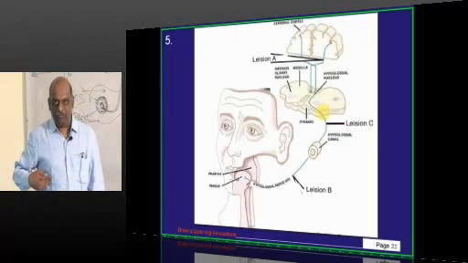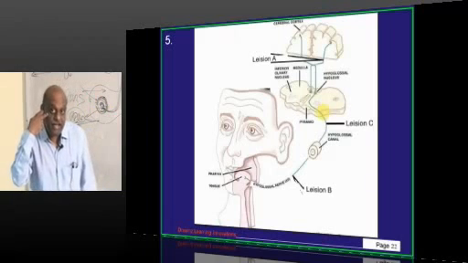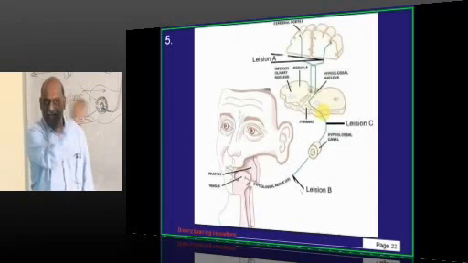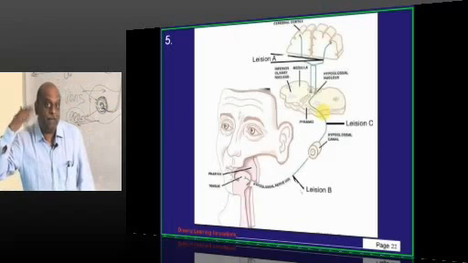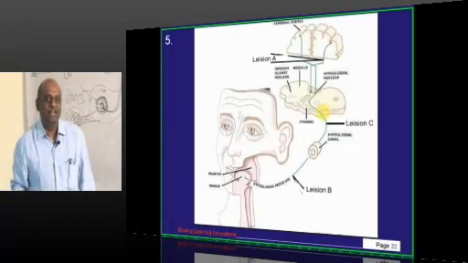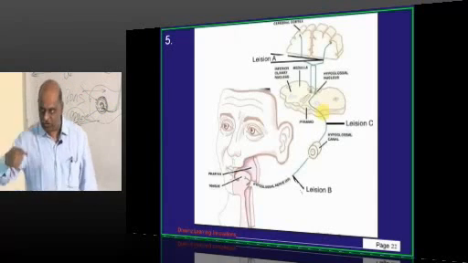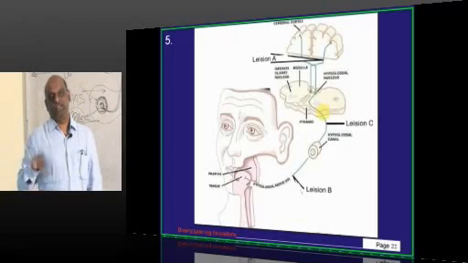Upper motor neuron type of weakness. But in the case of cranial nuclei, unless the corticobulbar tracts on both sides are cut, only then will you get upper motor neuron type of clinical features for cranial nuclei.